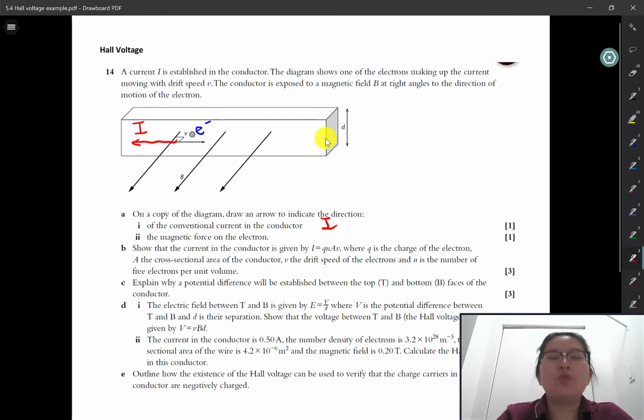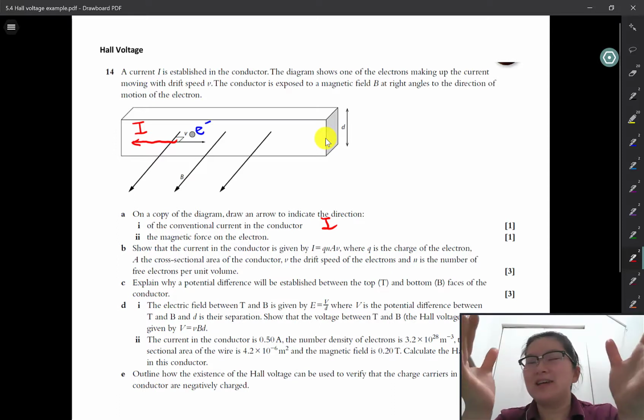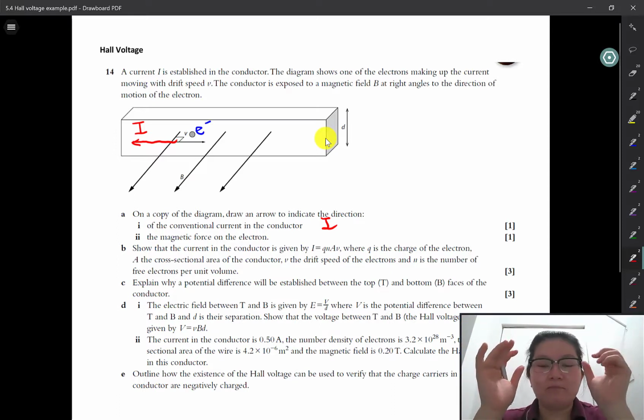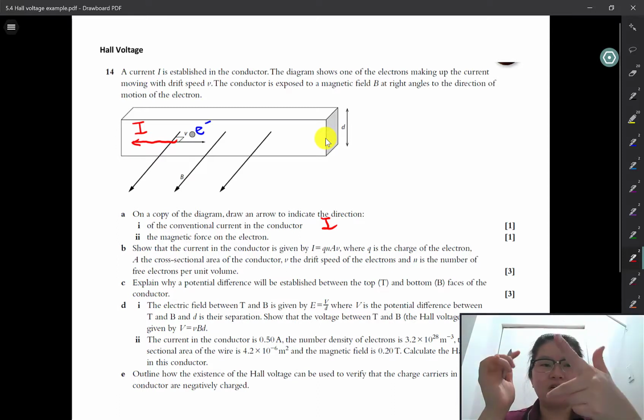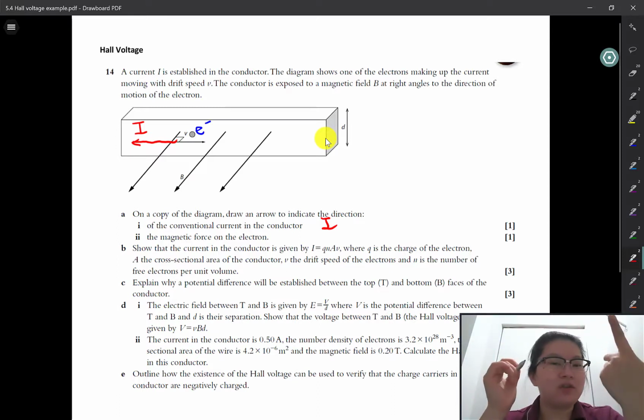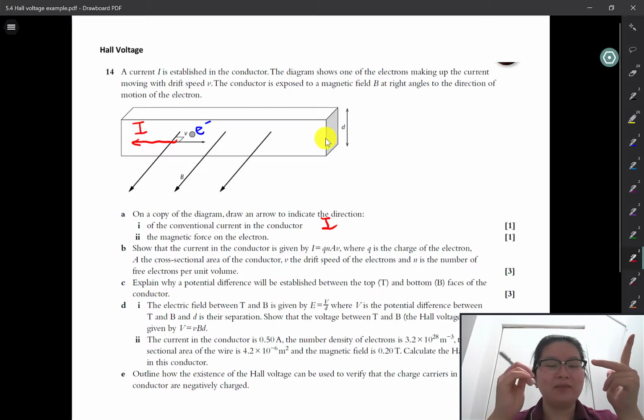Here you will need to use the right-hand rule, and I'm not going to try to demonstrate it in front of the camera because of the mirror effect. It's going to look very bad. But essentially, imagine you have 3 fingers, and guess what? It's an electron, so I'm going to use my left hand. It's going to look like I'm using my right hand in the camera, I think, but I am actually using my left hand. So left hand for a negatively charged particle.